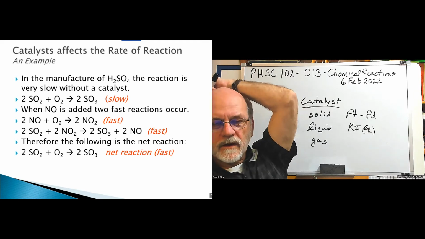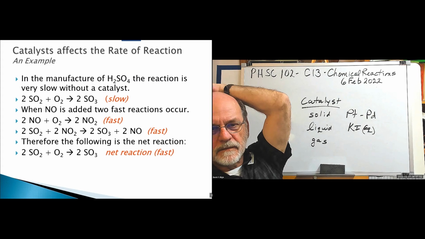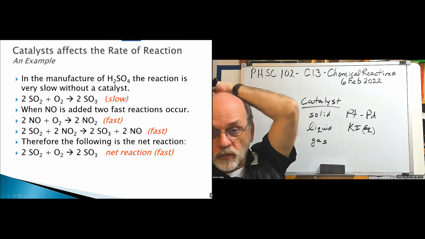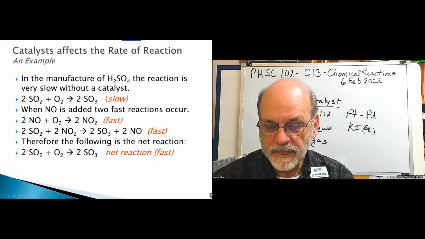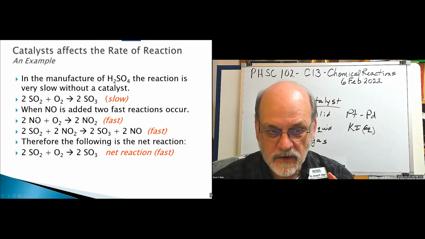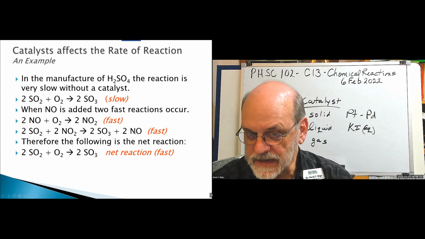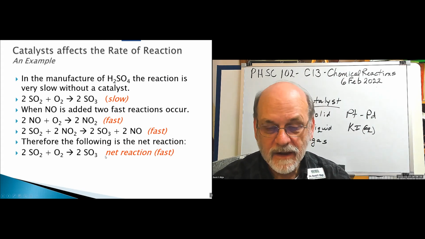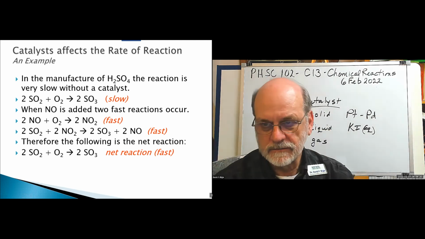Oh, they're catalyzing the reaction with nitrogen monoxide, NO. So NO combines with O to make NO2, and then NO2 combines with SO2 to make SO3, and then NO is reconstituted. So that makes it the catalyst. So NO over here comes out here as NO. The net reaction is exactly the same, but it occurs much faster.